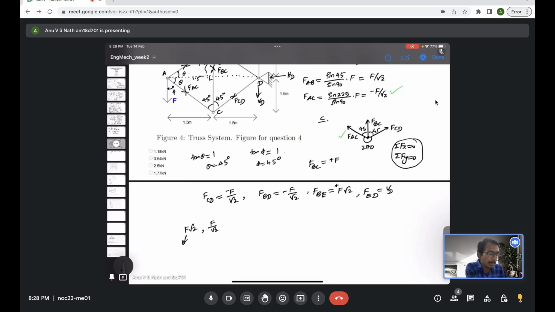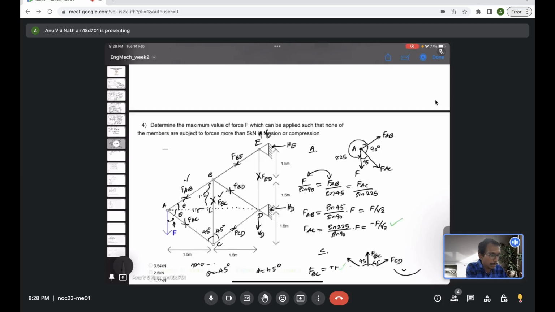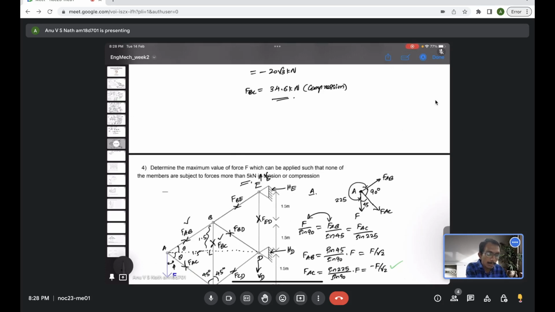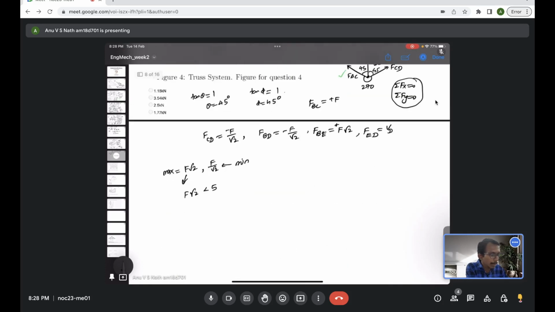So we just need the maximum force, and it is given that the maximum force should be less than 5 kilonewton. That's given in the question. So for that to happen, F should be less than 5 by root 2. What is 5 by root 2?